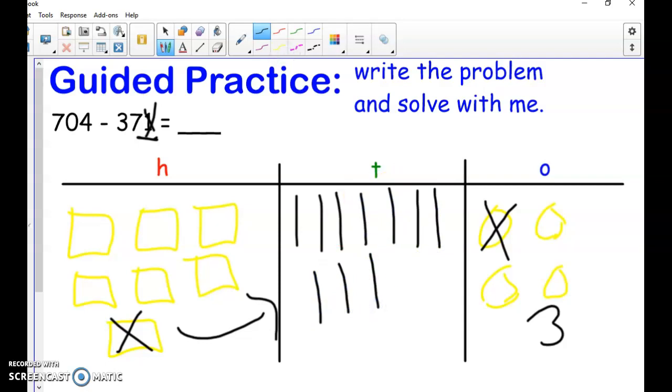Now, can I take away 7? Yes. Let's take away 7 tens. 1, 2, 3, 4, 5, 6, 7. And I'm left with 3 tens.